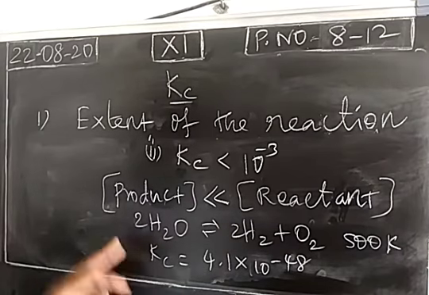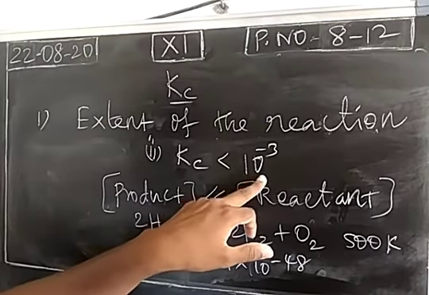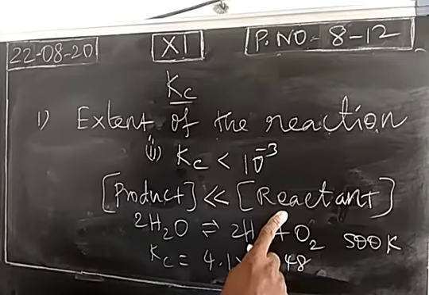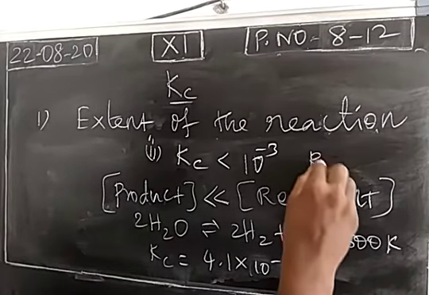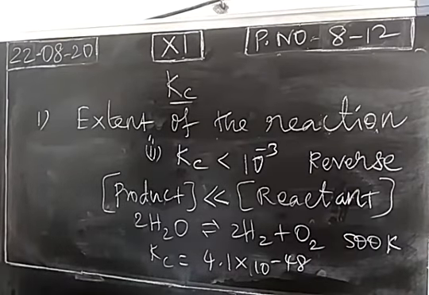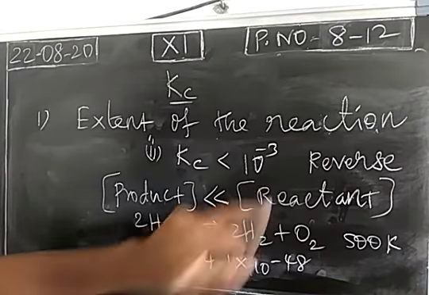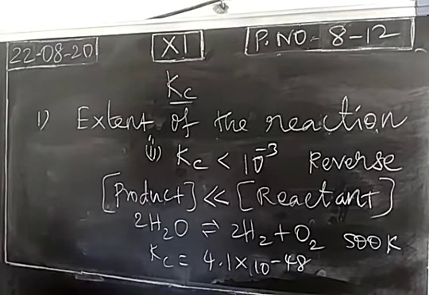Like these equilibrium reactions, if the Kc value is less than 10 power minus 3, it means the concentration of reactant will be more than the concentration of product. So the reaction will be favored towards the reverse side, the backward side. More than 10 power 3 means the forward reaction will be favored. Less than 10 power minus 3 means the backward or reverse reaction will be favored.